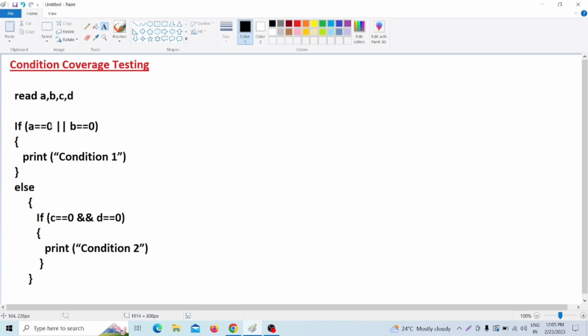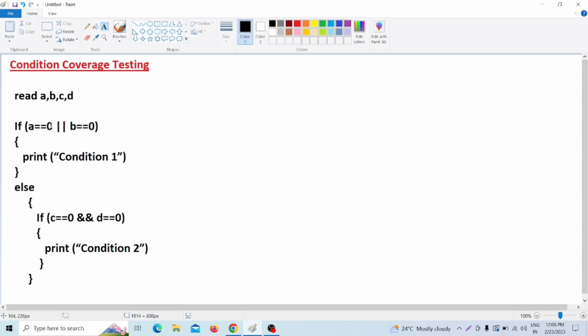When we use multiple conditions in our program, our first test case should be designed in such a way that it evaluates every condition, whether it is true or false, but it should evaluate every condition.